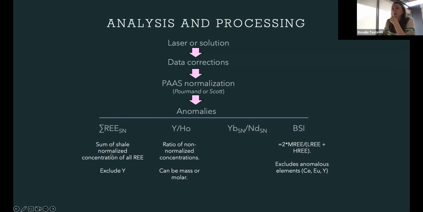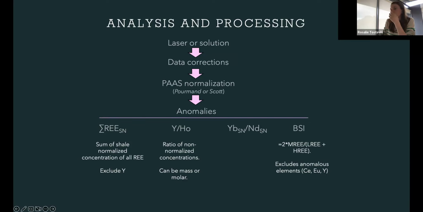So this is the sum of the shale normalized concentrations, but it excludes yttrium. The yttrium to holmium ratio, and this uses the non-normalized concentrations, or at least if you're not doing that, you have to specify whether your concentrations were normalized to shale or not. And something quite confusing in the literature is that sometimes people use mass ratios and sometimes molar, so you get slightly different numbers. So just be careful to report that and to think about that when you're reading papers.